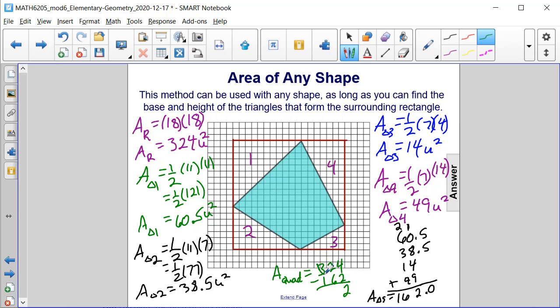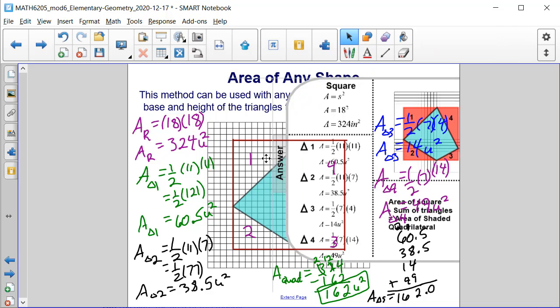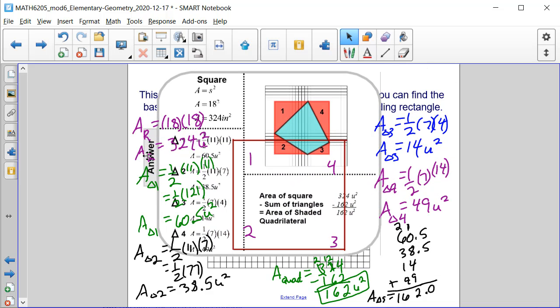We have to regroup and make this 200 and this 12 tens. So 12 minus 6 is 6, and 2 minus 1 is 1. So the area of the quadrilateral is 162 square units. That's generally what's showing here.